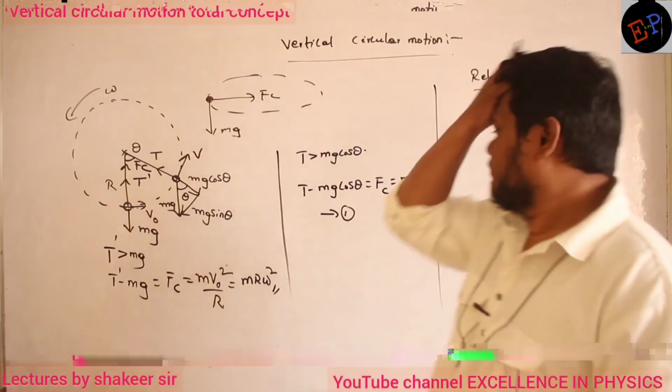Now, how can I calculate this final velocity? Very easy. Either you can use the law of conservation of mechanical energy, or you can use the equations of kinematics. So v square minus u square is equal to 2as. When it is falling downwards, velocity increases, so you take g to be positive.